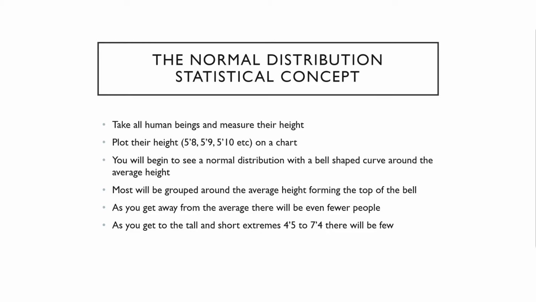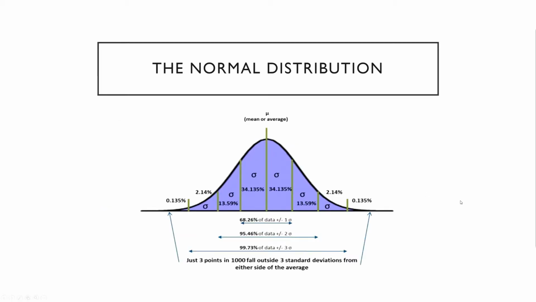Okay, so as we move on to the actual graph itself and how they've taken that statistical concept and tried to apply it to Bollinger Bands, if you look here, the normal distribution, you have your mean or your average in the middle, right? So this would be your simple moving average or your middle Bollinger Band. By default, it's 20 periods, okay?